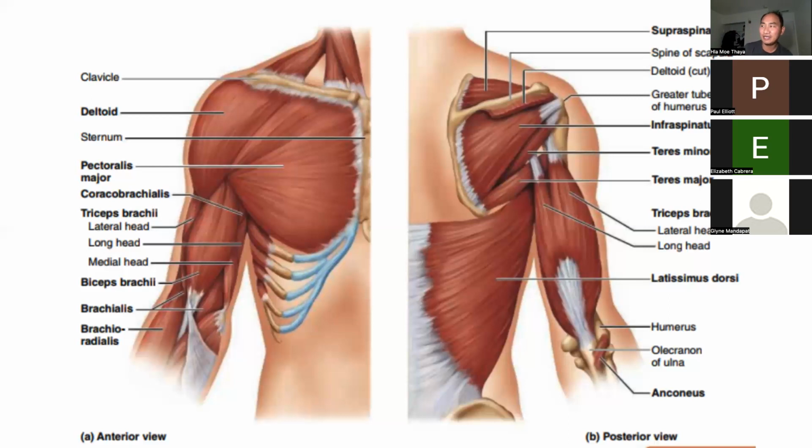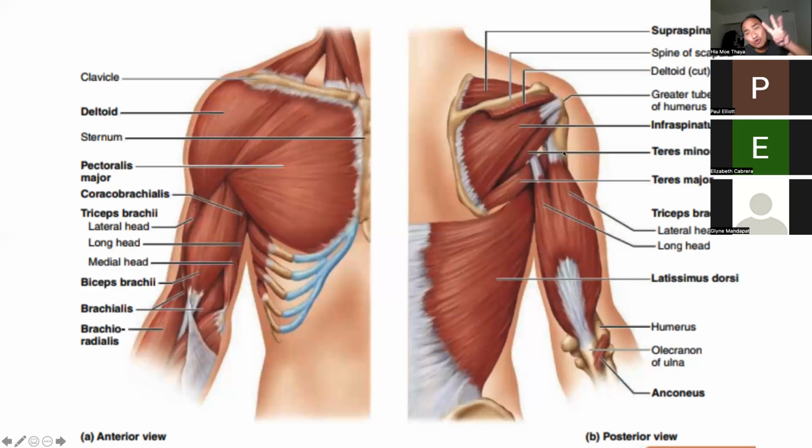And because we have to find 3 heads, we can find number 1 head, which is the long head, which is attached to the inferior pole of the glenoid. And now we have seen the lateral head here. Lateral head goes and originates onto the lateral and posterior surface of the humerus.